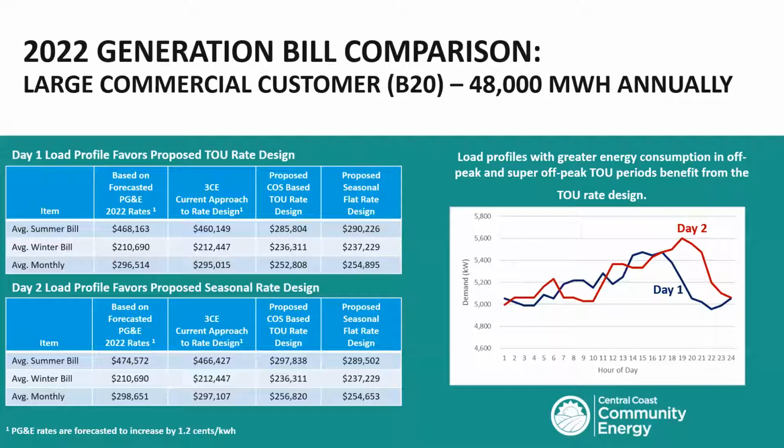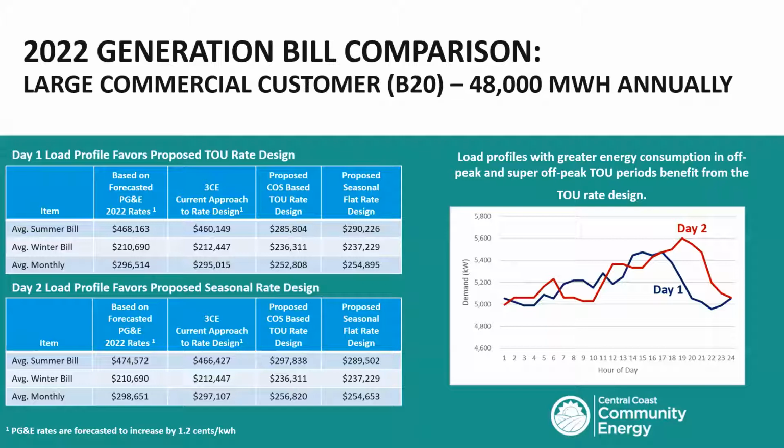So we're looking here on day 1 at an average PG&E 2022 rate of about $296,000. The 3CE current rates would be $295,000, slightly less. The proposed rates, either under the cost of service-based time of use rate design or under the seasonal flat rate design, are significantly less, recognizing the cost of service-based rate design that we're proposing here.